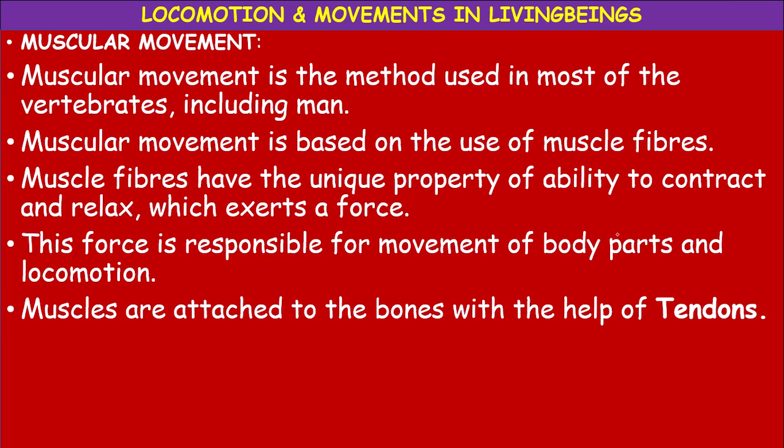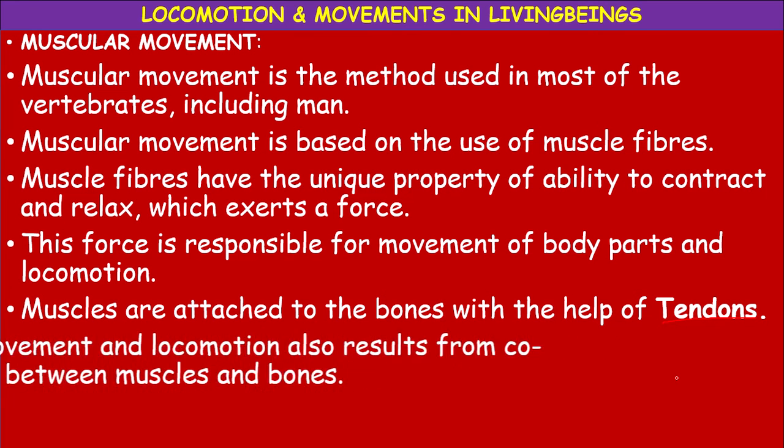Muscles are attached to the bones with the help of a special connective tissue called tendons. Two bones are attached by means of a ligament, while muscles are attached to the bones by means of tendons. Tendon is a connective tissue.